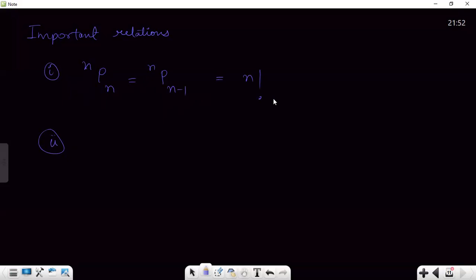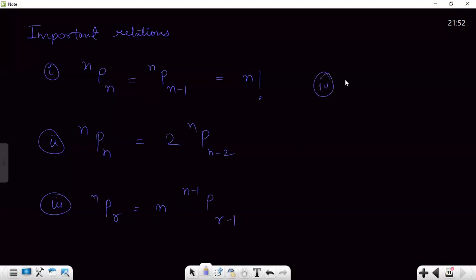That's n factorial. nPn is twice of nP(n minus 2). nPr can be written as n into (n minus 1)P(r minus 1).